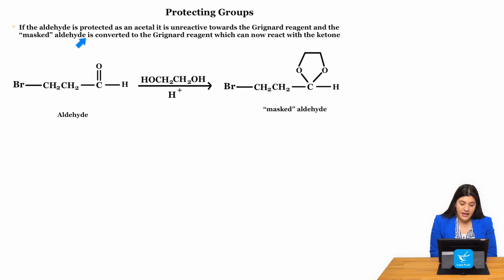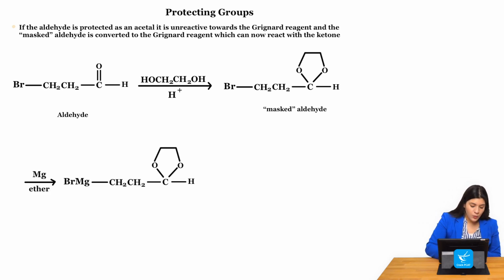And that masked aldehyde, or that protecting group, will then be converted to the Grignard reagent, and now it's able to react with the ketone. So it just allows us to proceed with the reaction without worrying that this is going to be converted back to the parent carbonyl group. Okay, so we would then react this, by the way, with magnesium and ether to form that Grignard reagent.